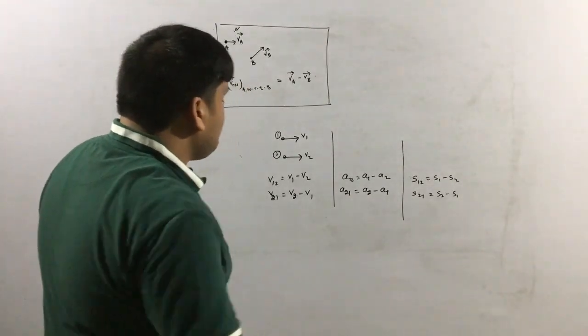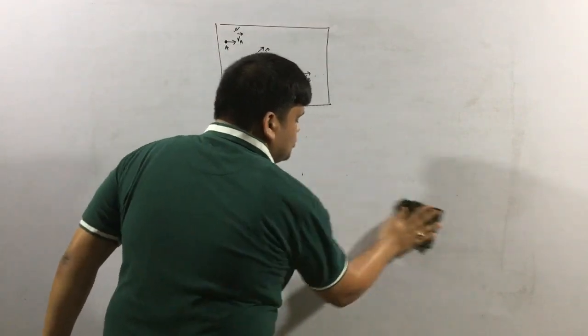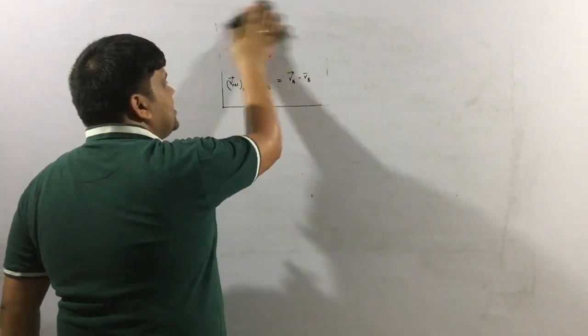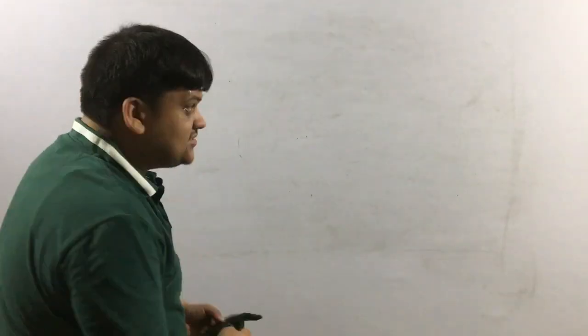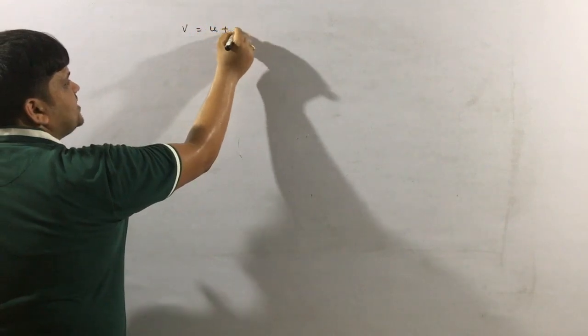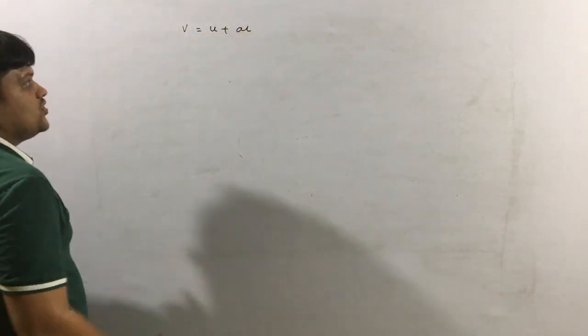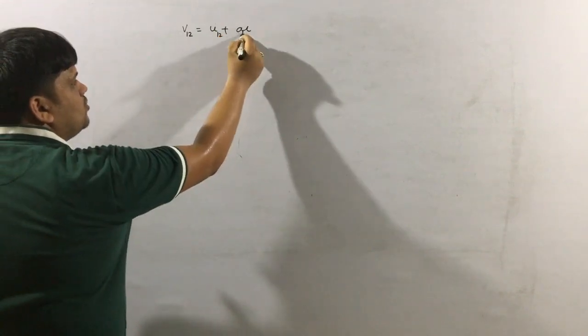Now also remember that the equations of motion that we have studied for a general case are also applicable for relative motion. Like the first equation we were writing, v equals u plus at, I can also write it like this: v12 equals u12 plus a12 into t.